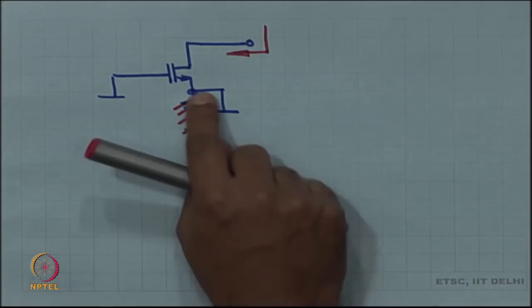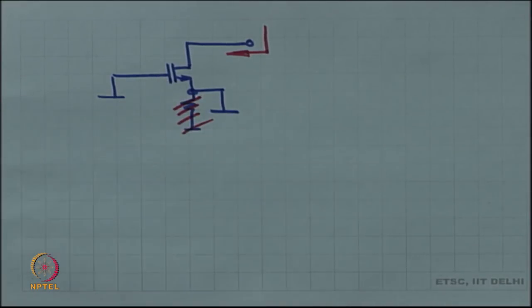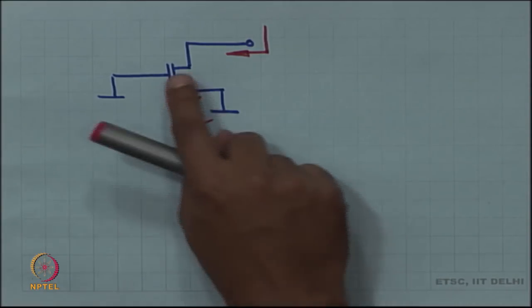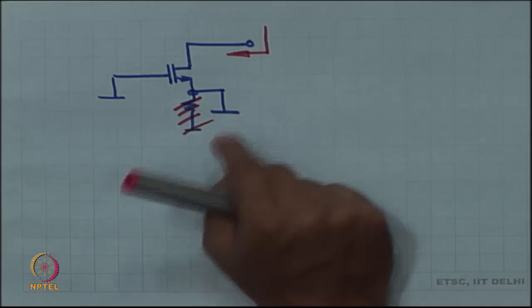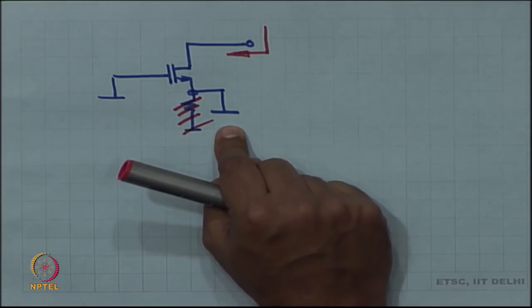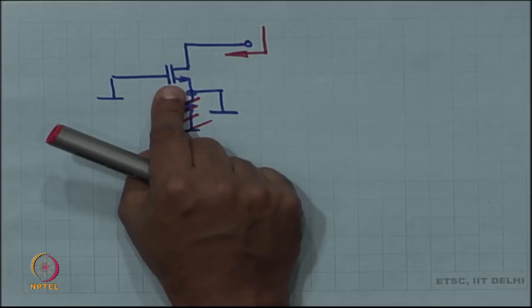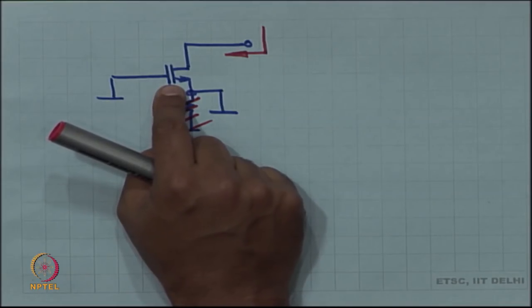Okay. So, source is at ground, gate is at ground. So, gate to source voltage is 0, body is also at ground. So, body to source voltage is also 0. So, inside this MOSFET there are 3 elements, right. There is GM times VGS, VGS is 0. So, that element is not doing anything, GM times 0 is 0.